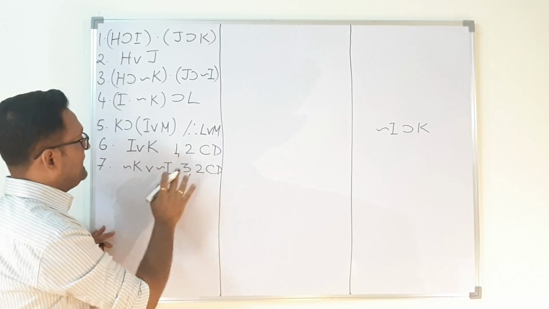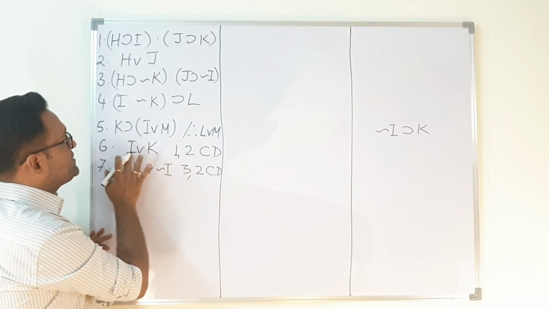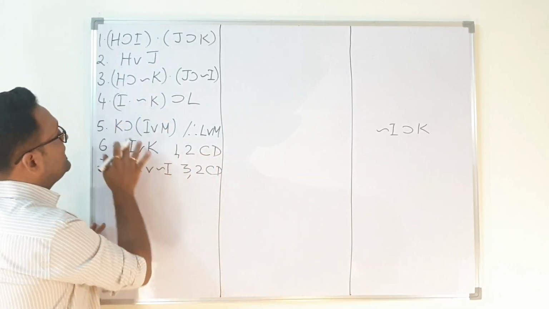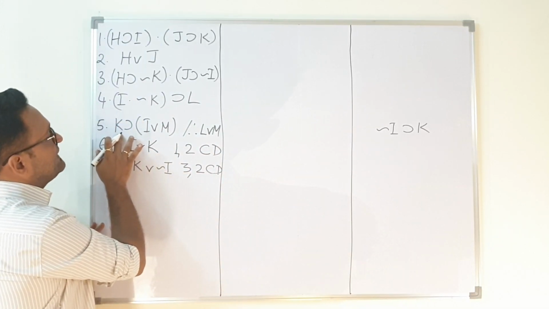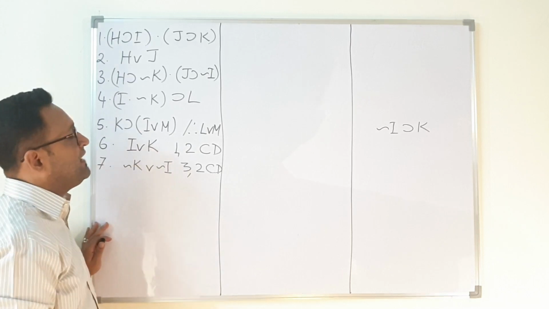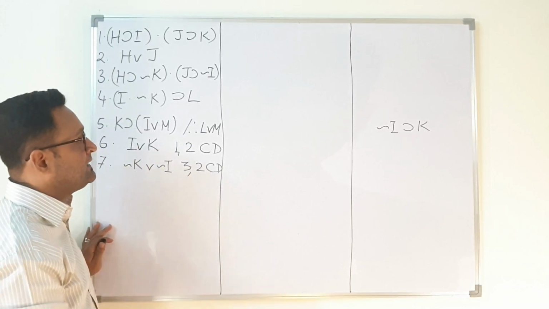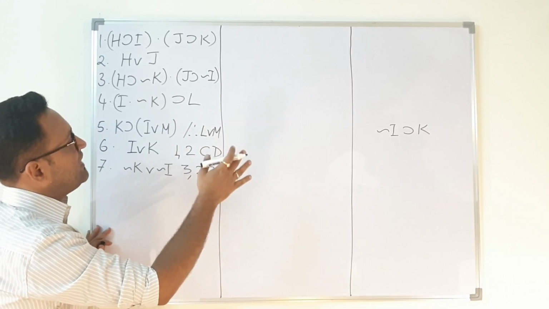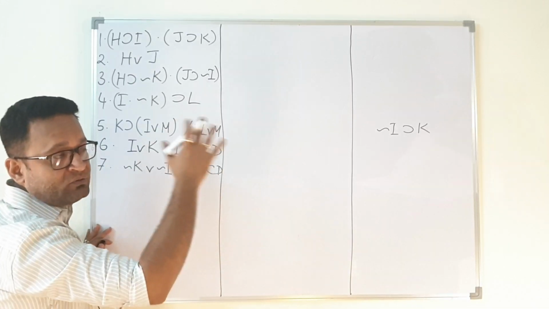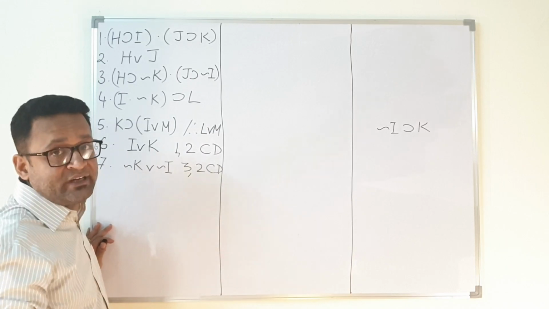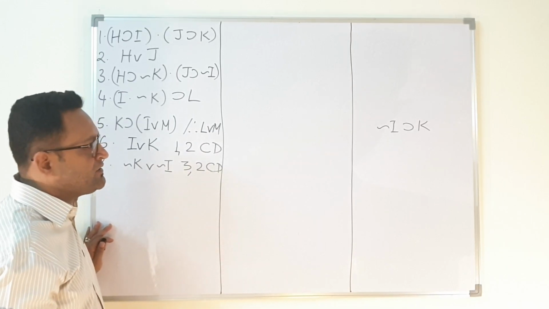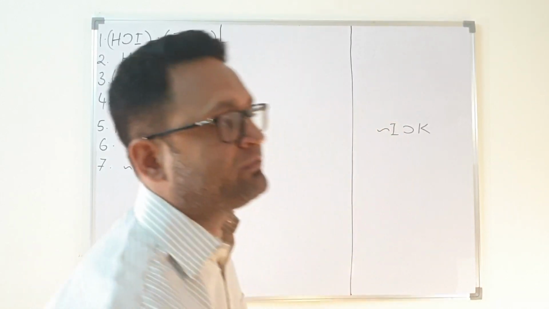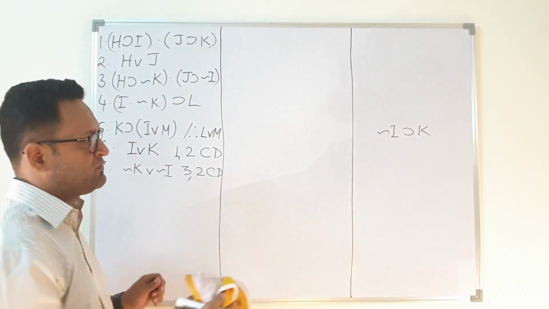So if I create negation of I implies K from this line, and then combine it with this line, I will get negation of I implies K and K implies I wedge M, so I will get negation of I implies I wedge M. So I can do a hypothetical syllogism in that step. So maybe that can be a process. If I am wrong or unable to do it, I will use some other step.